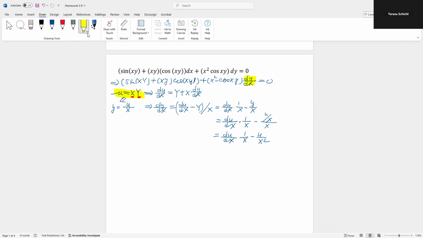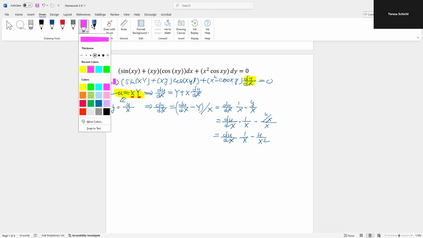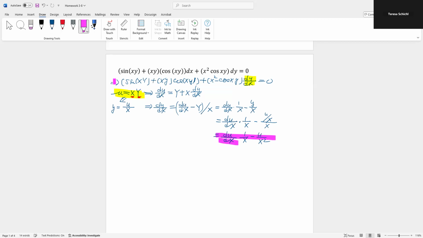And now let me highlight this. Now I need to replace my dy dx with this in my original formula. Okay, so let's see here.